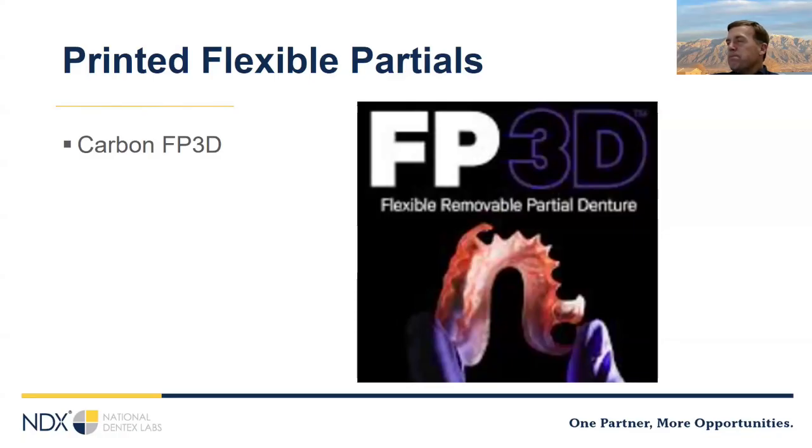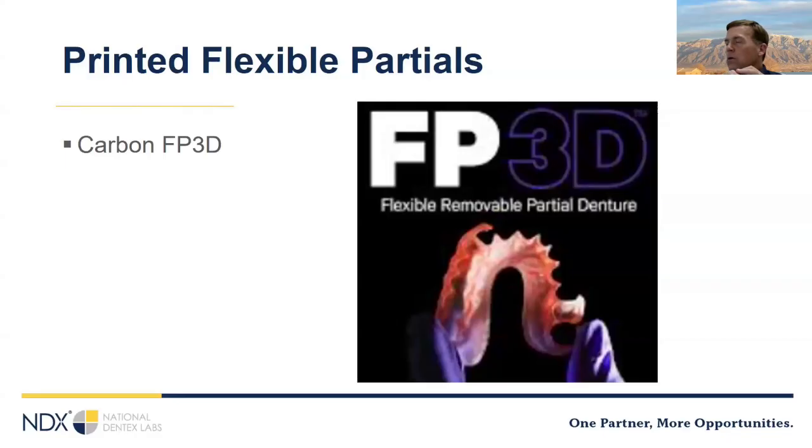And of course, a lot of our laboratories have Carbon printers already. So this will make printing flexible partials a big step towards being more available than they've been for a long time.